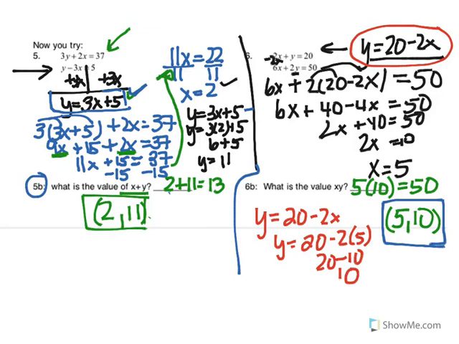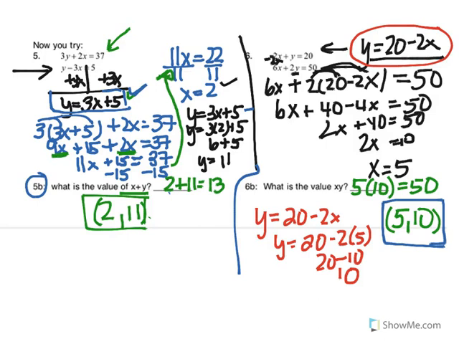And you can see the work there, 6x plus 2 times (20 minus 2x) equals 50. So 6x plus, and then you had to distribute. 2 times 20 is 40. 2 times negative 2x is minus 4x. And we just keep solving out, solving for x, and we get down here to x equals 5.